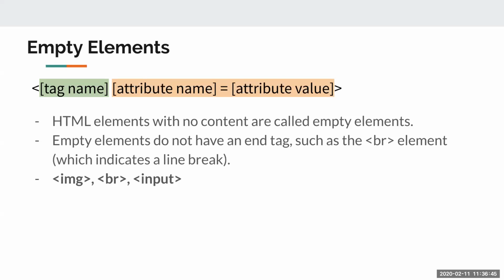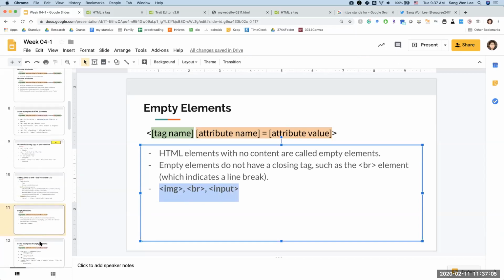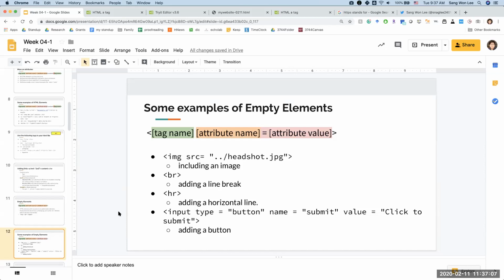Empty elements do not have an end tag or closing tag, such as the BR element, which indicates a line break. And then we gave you this example, and I asked you to add this stuff.